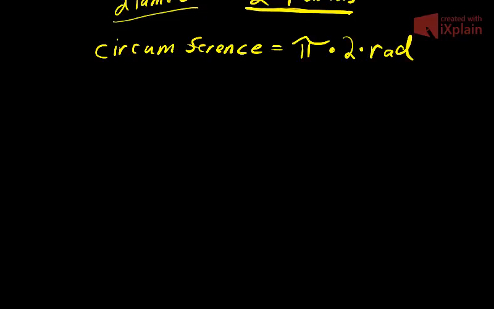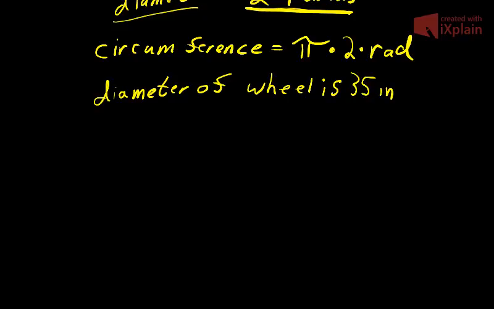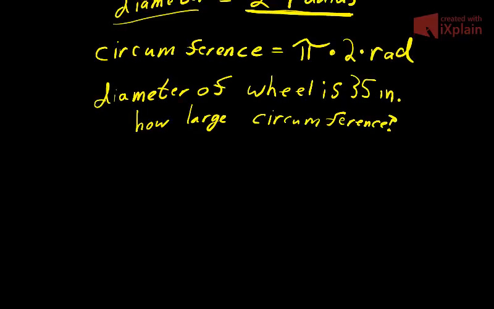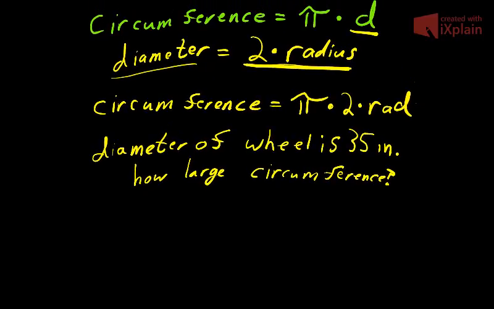If I have a diameter of a truck wheel that is 35 inches, and I want to know how large the circumference is, I'm going to take my formula, where the circumference is equal to pi times the diameter.